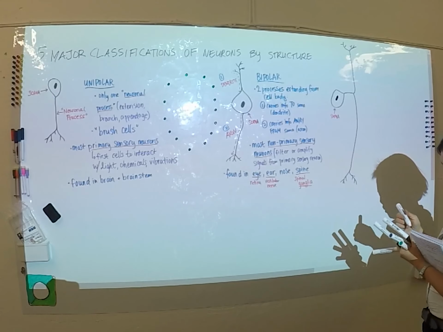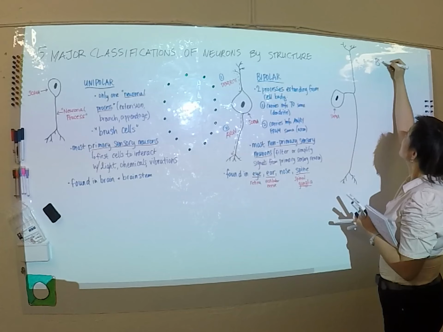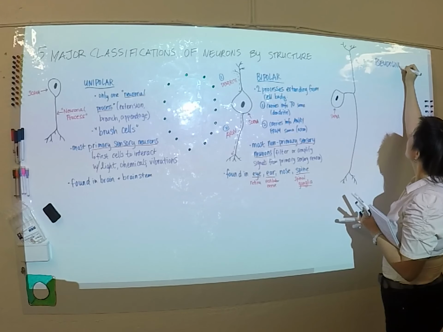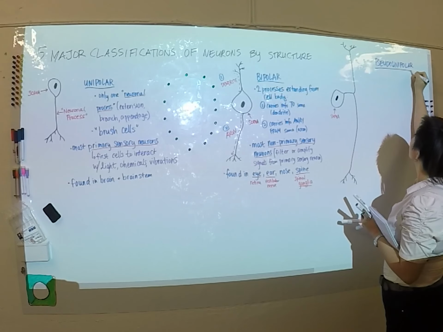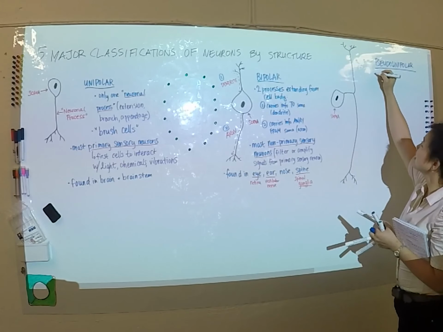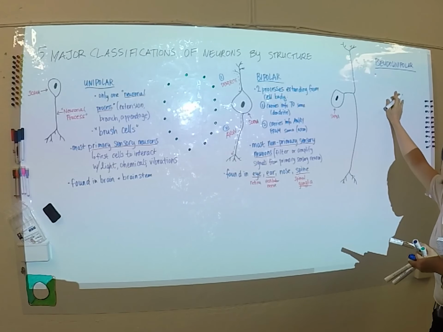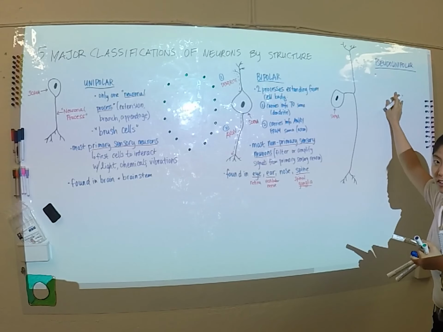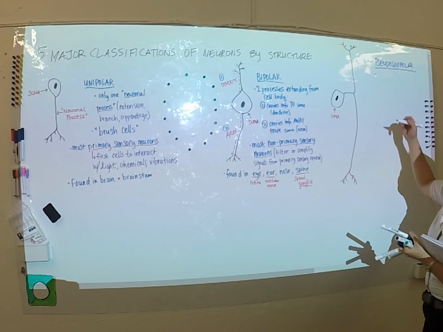Okay, so pseudo-unipolar. Okay, so what are these? This type of neuron structure is usually found in the peripheral nervous system, so out in our limbs, and it's usually a sensory neuron.